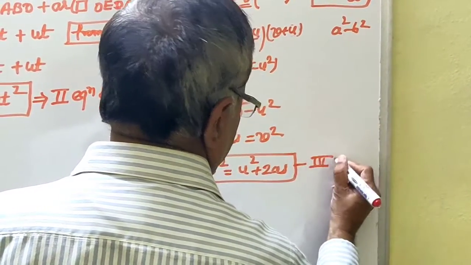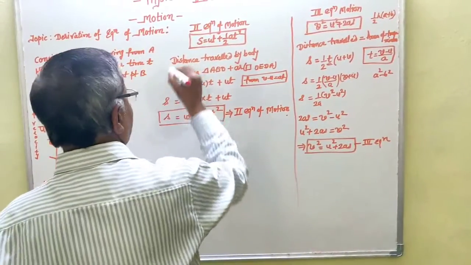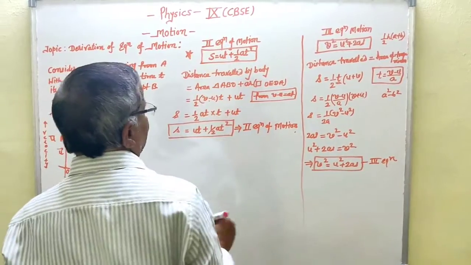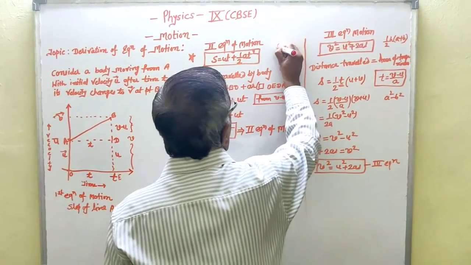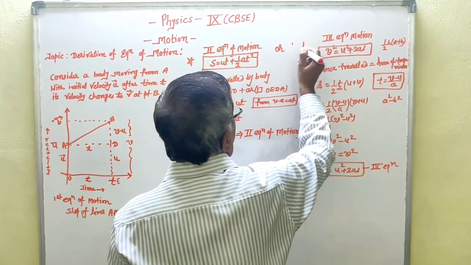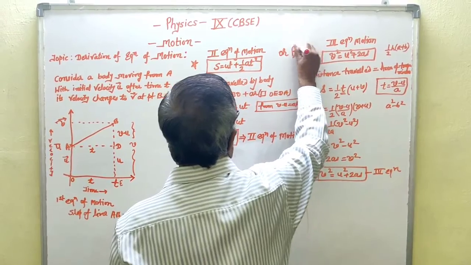Out of these, two equations are very important, in my experience. Mostly in school examinations, the second or third equation will be asked. In the first term examination, these two are very important.